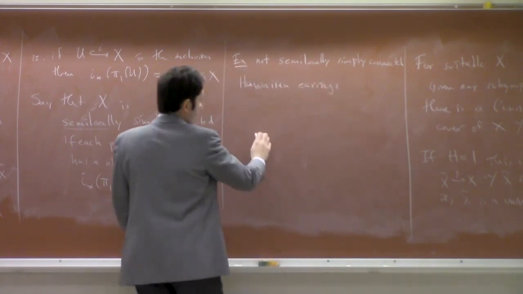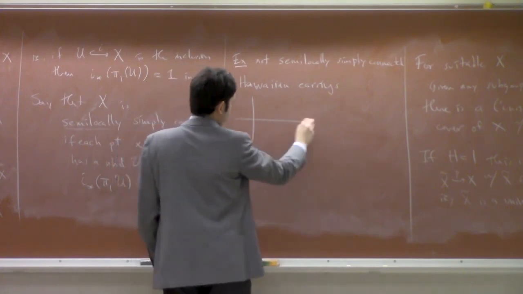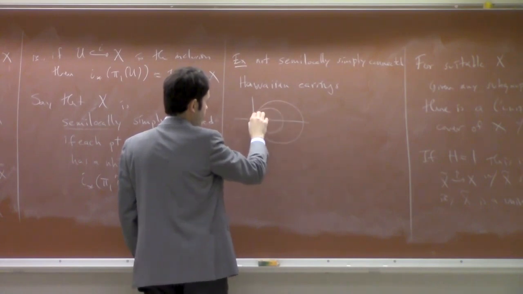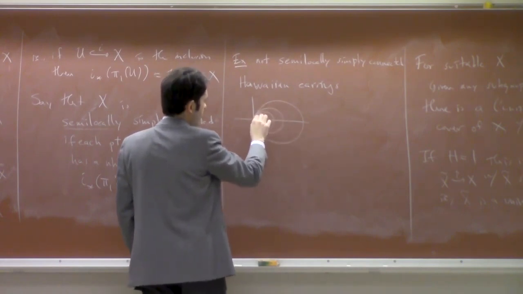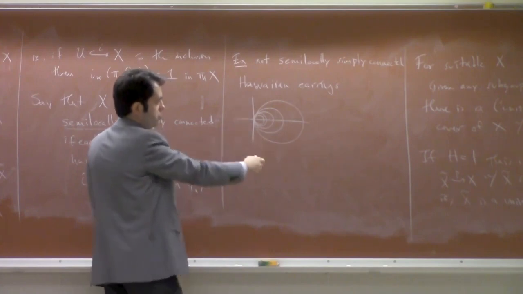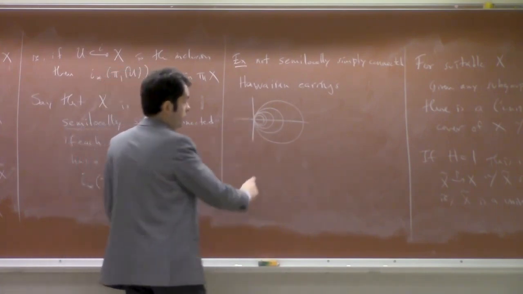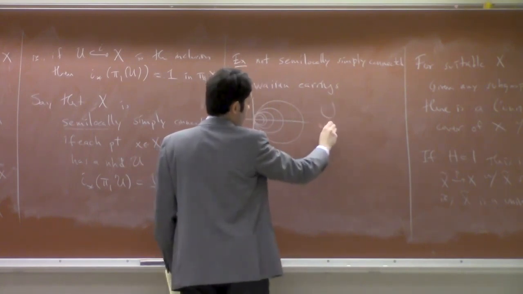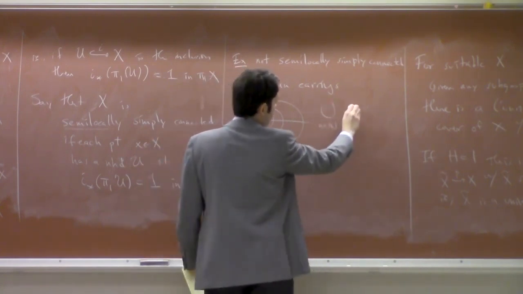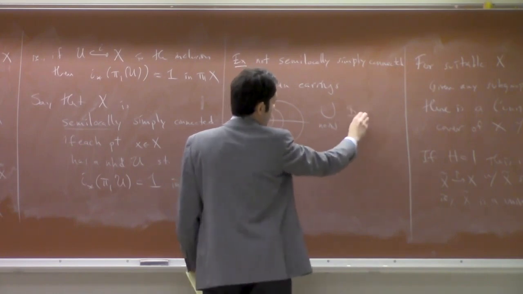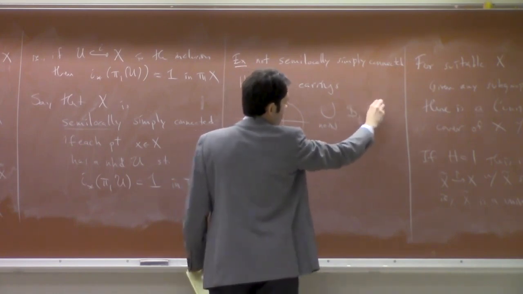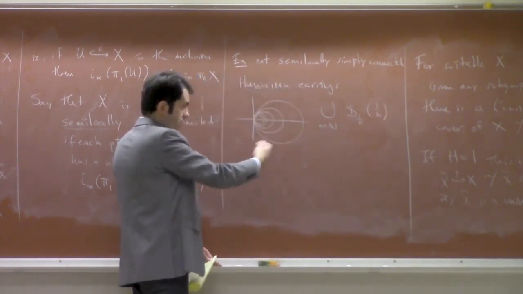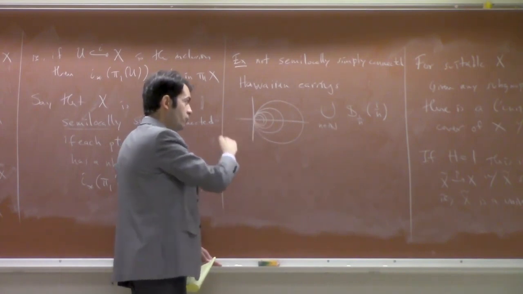So this looks like we're in the plane, and we have a bunch of circles, each one of which is tangent to the y-axis. So this is the union over n in the naturals of the circle of radius 1 over n and center 1 over n. Right? So it's a bunch of circles in the right half plane that all go through 0 and are tangent to the y-axis.